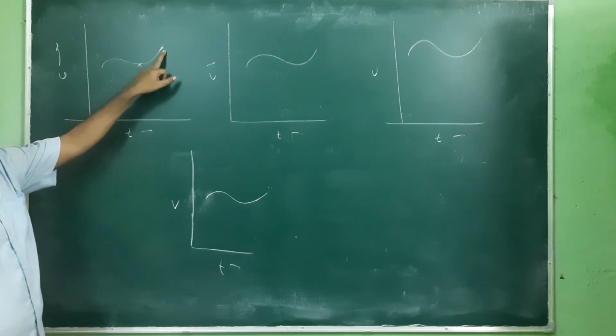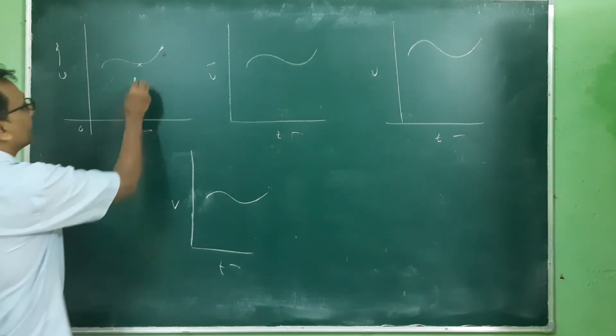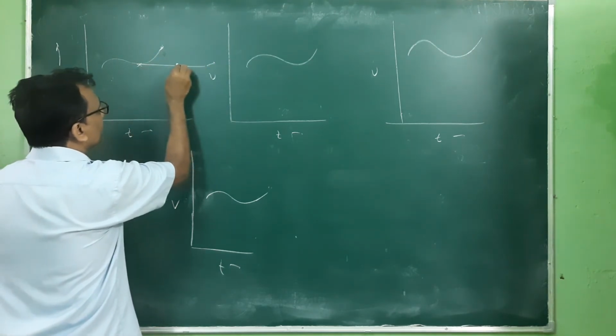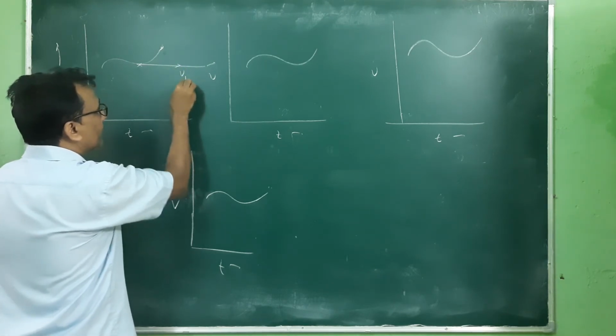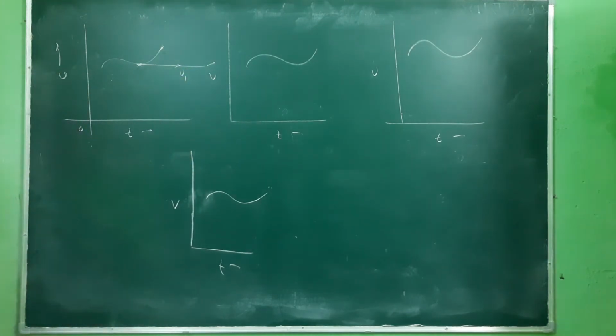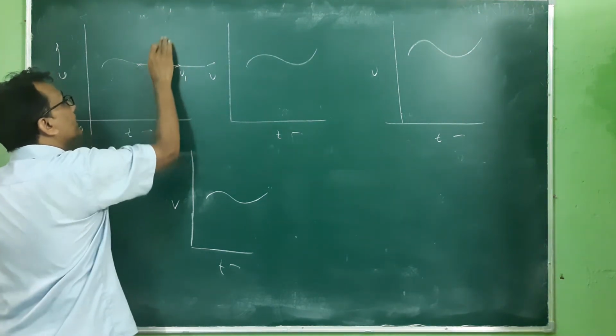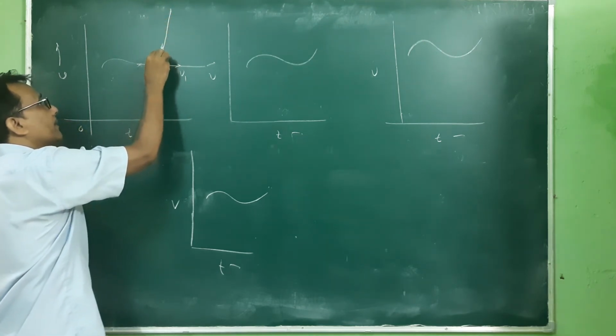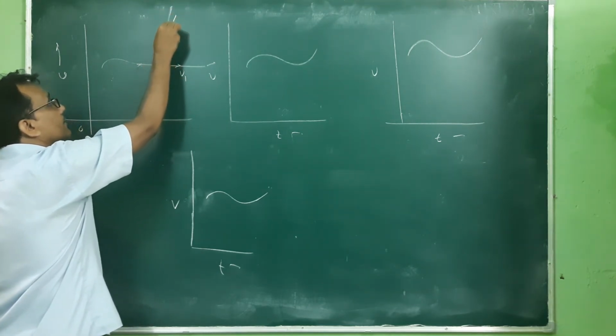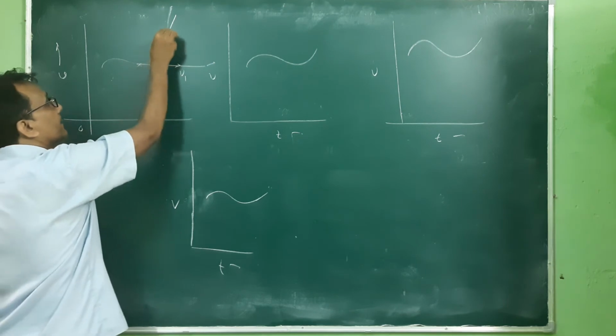And what we know is the direction of velocity is towards the direction of the tangent. So the direction of this velocity v1 will be like this, and the direction of this will also be towards the tangent. Just draw a tangent. This is the direction of v2.